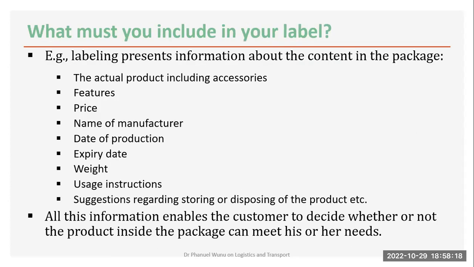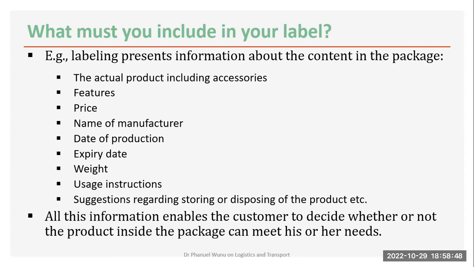So what must you include in your package? Normally, like we said, the regulatory requirements, what you should include in your label, not the package. Some of these are expiry date, the weight, usage instructions, name of manufacturer, date of production, and all that.